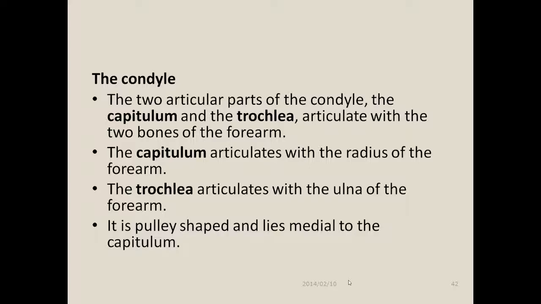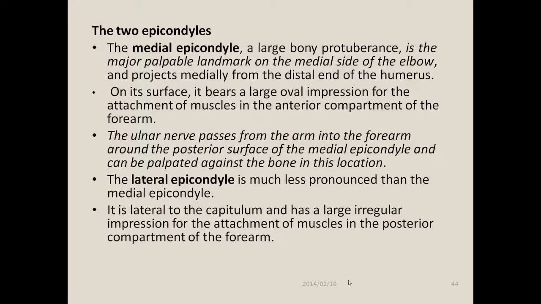Condyle: there are two articular parts of the condyle, the capitulum and trochlea, which articulate with the bones of the forearm. The capitulum articulates with the radius of the forearm, whereas the trochlea articulates with the ulna. Two epicondyles: there are the medial epicondyle and lateral epicondyle.